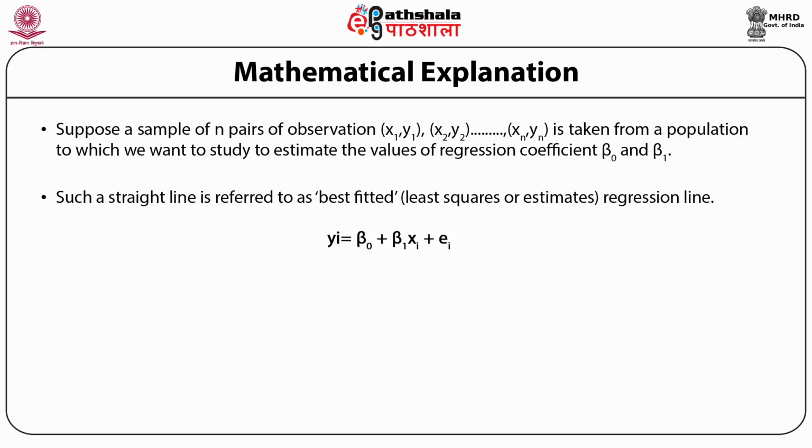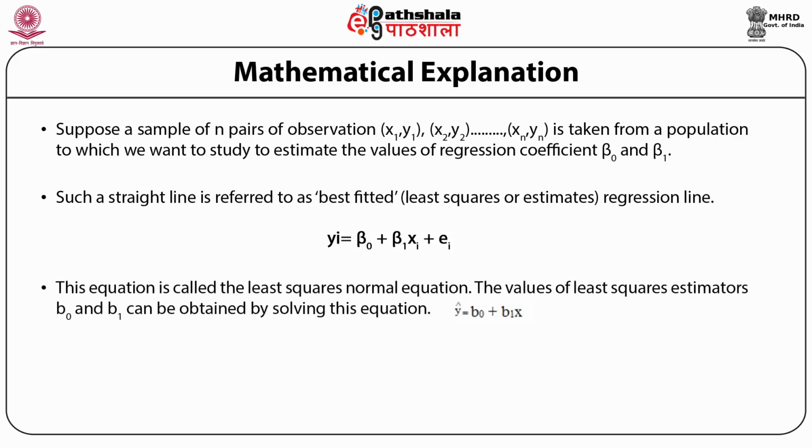When we minimize it after squaring on both sides, the equation that we get is the summation of yi is equal to n b naught plus b1 times the summation of xi, for i from 1 to n. This equation is called the least squares normal equation. The values of the least squares estimates b naught and b1 can be obtained by solving this equation.